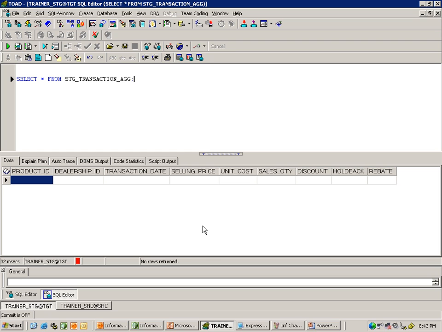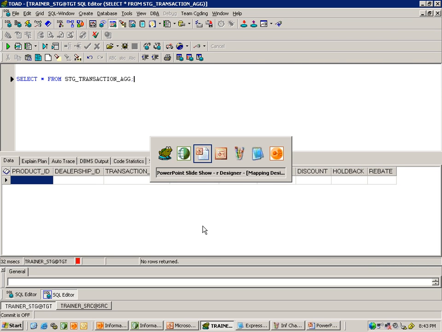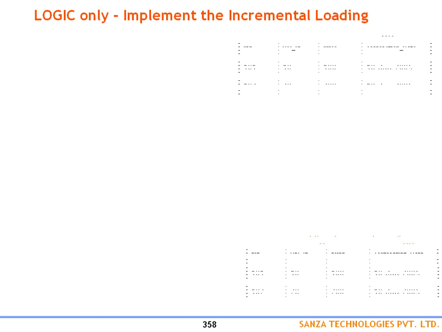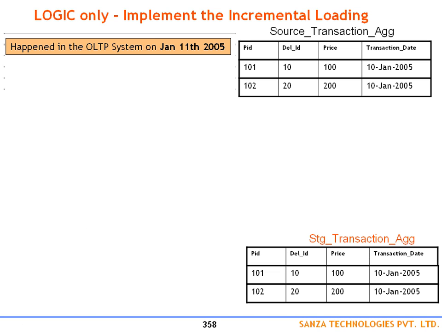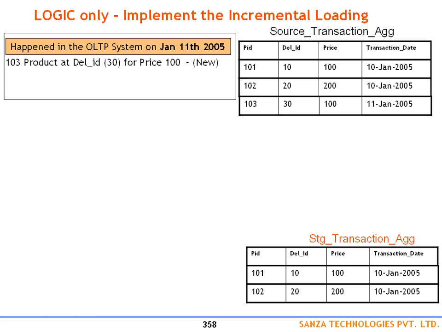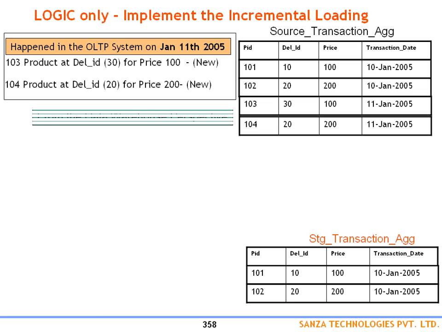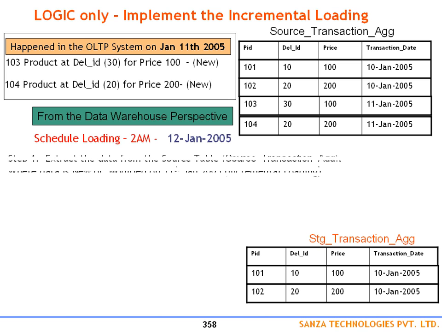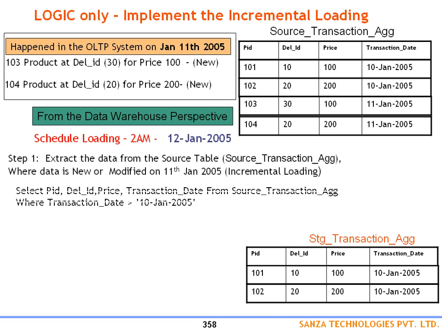Now next time when you execute it, the source system will contain, let's say, some transaction that happened on 11th January. From that perspective, when you execute this session, you should extract the data greater than 10th January 2005.